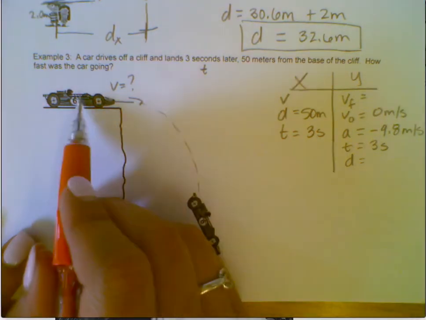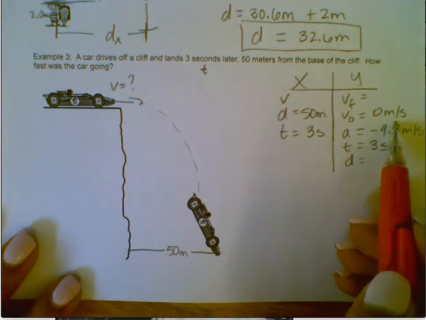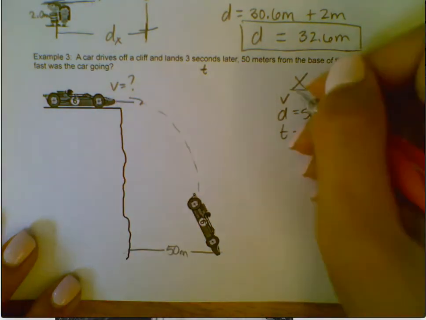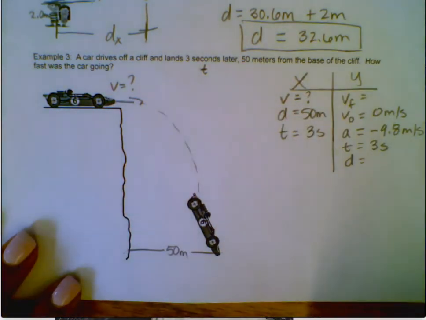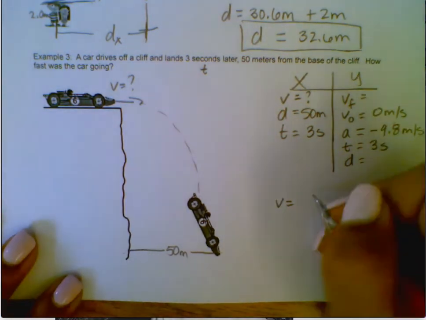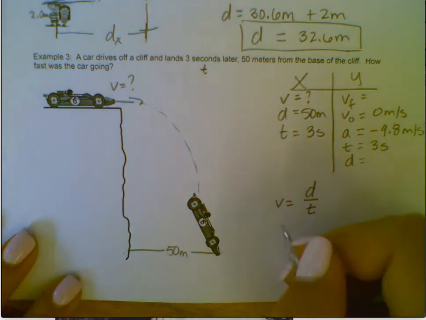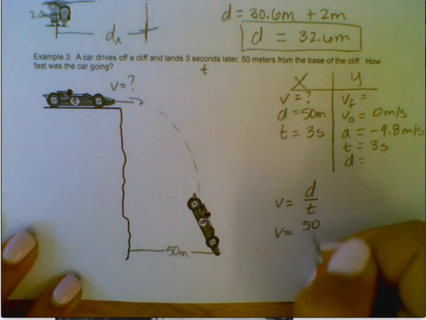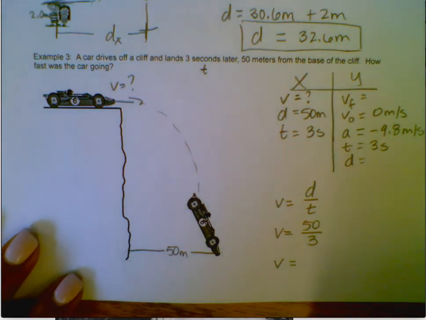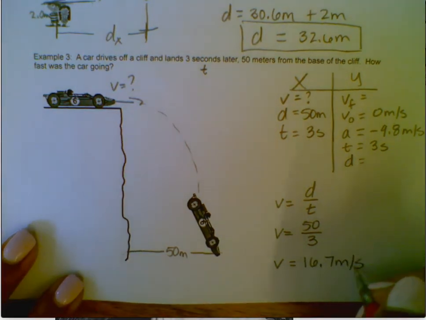And we want to know what speed the car drove off with. We already know the initial velocity in the y is 0, so we want to know the initial velocity in the x direction as it left. So we're looking for that one. Should be pretty easy. We don't even have to use this column. We have one equation for the x direction, and if you do the math here, you plug it in, you get 16.7 meters per second.